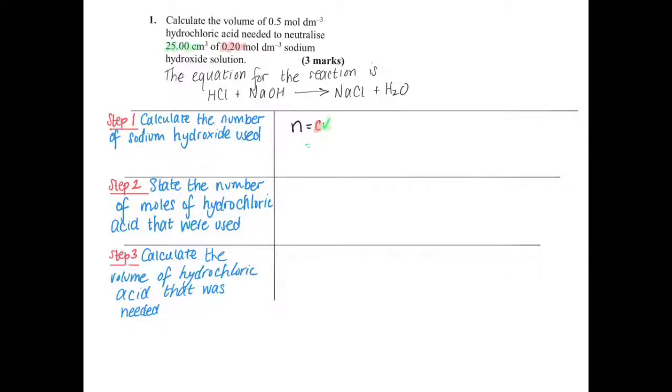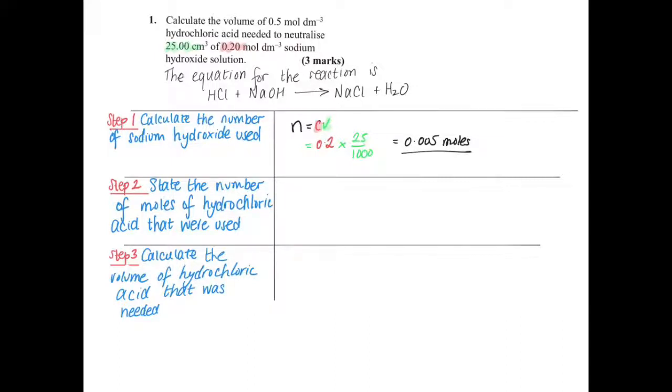If we put the numbers in, the number of moles of sodium hydroxide is the concentration, which is 0.2, times the volume of the sodium hydroxide, which was 25, divided by 1,000 to put it into decimetres cubed, and the answer that we get is 0.005 moles.